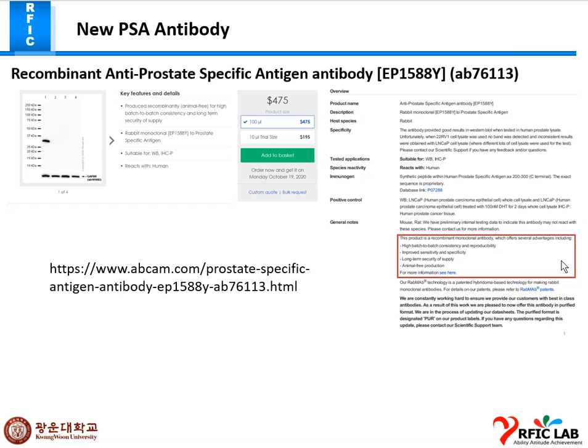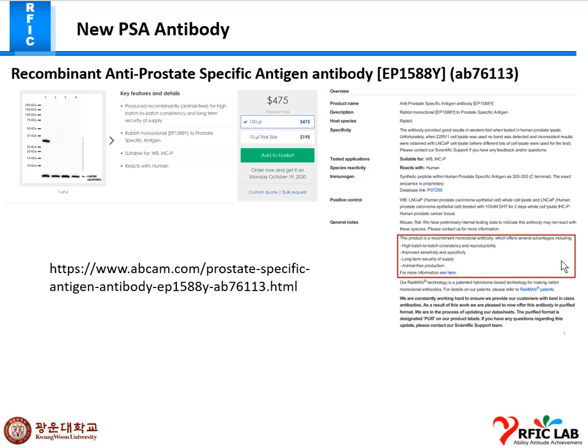So this is a better and more efficient antibody for our research. That's why I went with this, and we have already ordered this product. It takes 2 to 5 weeks, about 1 month, to get it.